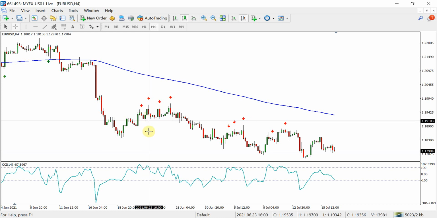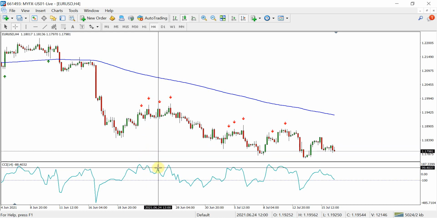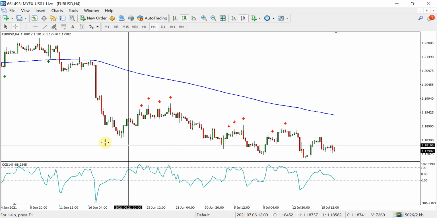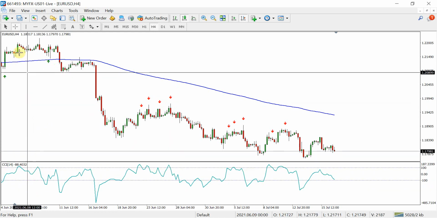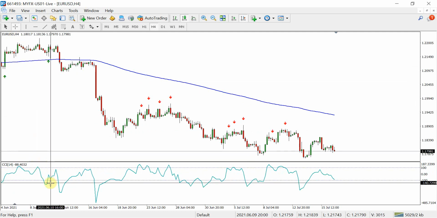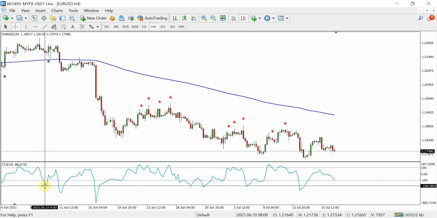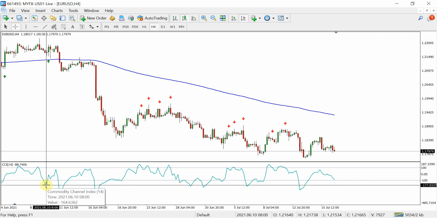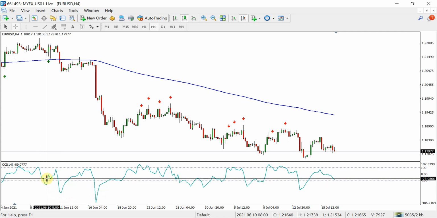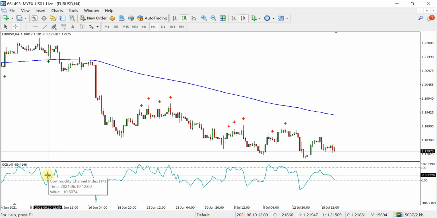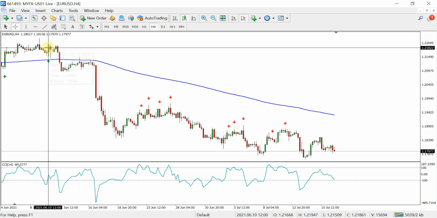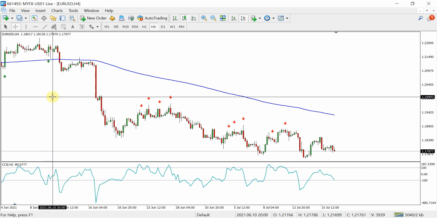As you can see, it does the same over here, and over here, and over here. And there are a few up arrow examples. Price is above the 200 MA, and then as you can see here, price drops underneath minus 100, and when it goes back up and closes above minus 100, it will print the signal over there.